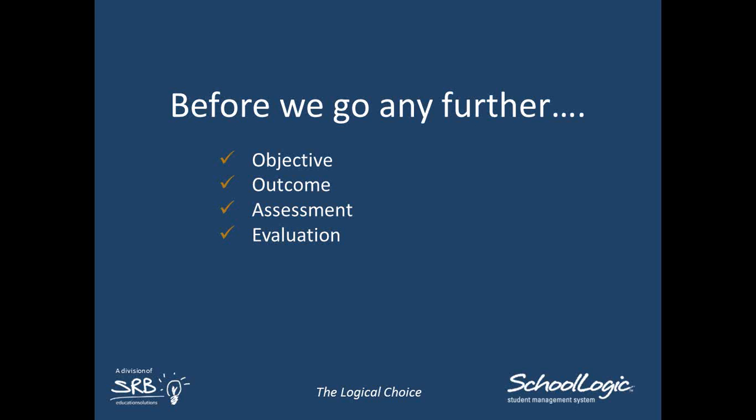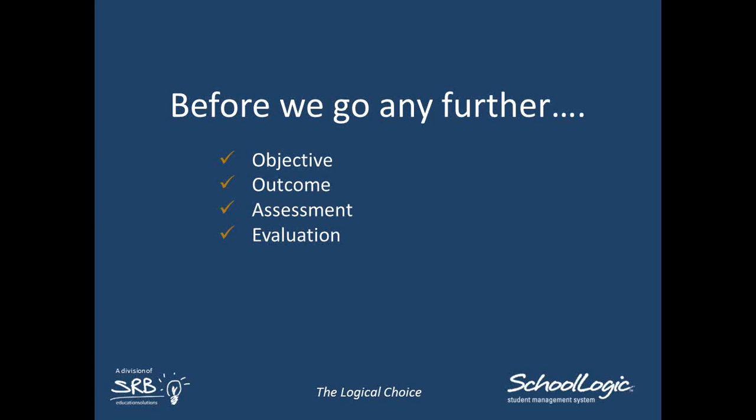Now, before we go any further, I've used these four terms already: objective, outcome, assessment, evaluation. Well, let's define them a little bit here. What we really have is two pairs of synonyms, at least in terms of how our software uses them and how you'll hear me use them today.